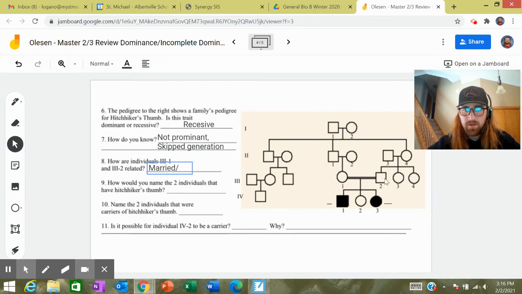Okay. This boy's parents are the kids of these parents. Okay. So their parents are siblings. Okay. So the people that had these kids that are married, potentially, also going to be cousins.